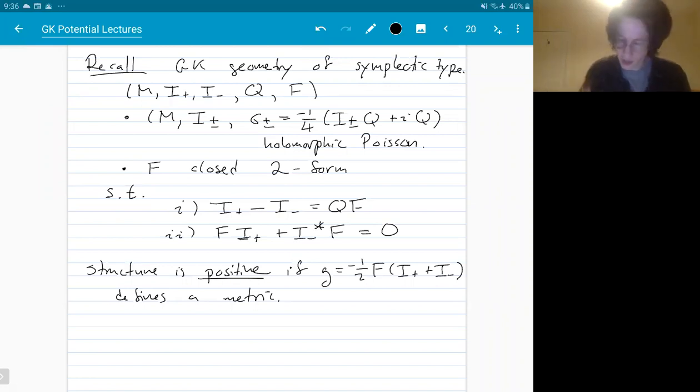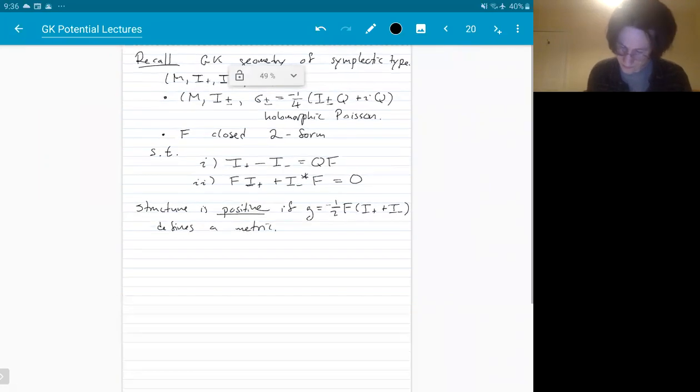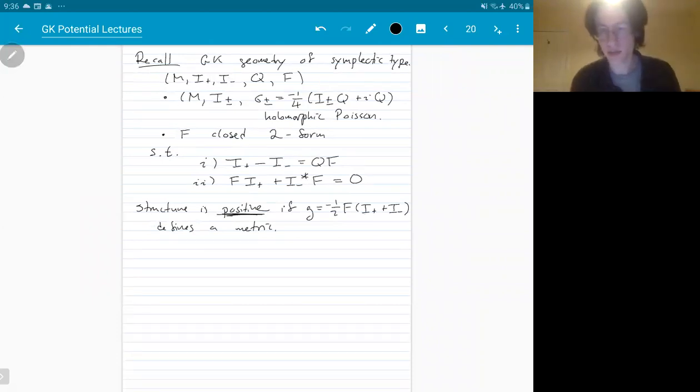But if you remember last time, it's really useful to not require that the structure is positive in all cases in order to do constructions and so on. It's just useful to include the possibility that it's not positive.